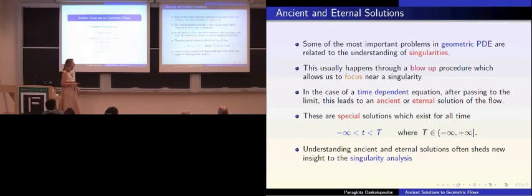So what is an ancient solution, at least for what I will be talking about today? An ancient solution is a solution to a time-dependent equation, in particular a parabolic equation, that exists for all time from minus infinity to capital T. The minus infinity here is important, because in a parabolic equation time is not reversible, so the fact that the solution has existed forever makes these solutions very special.